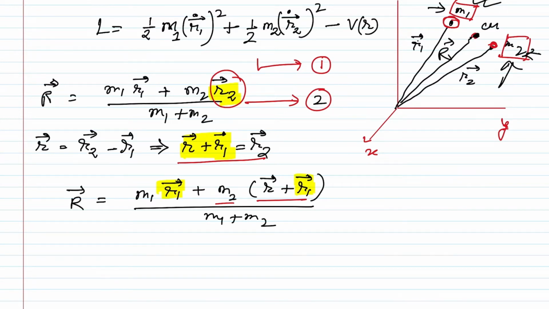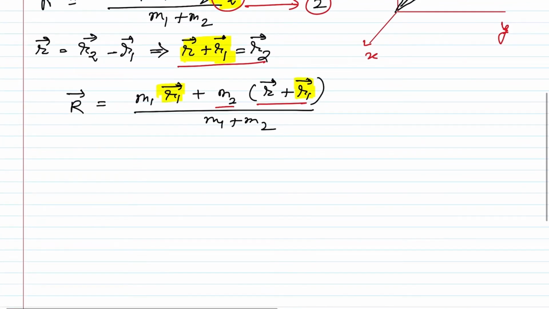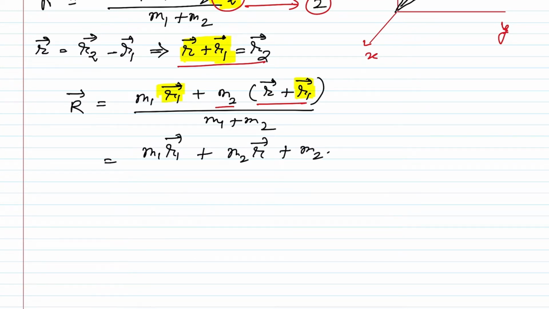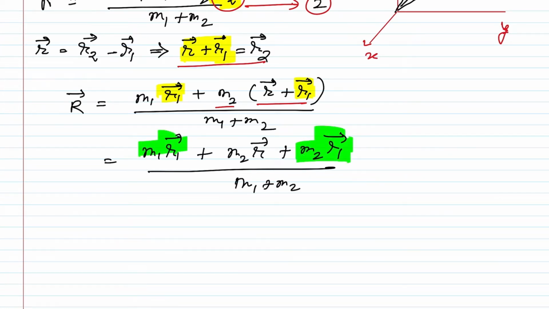So let me show you one thing first. It will be m1 r1 vector plus m2 r vector plus m2 r1 vector divided by m1 plus m2. Now from these two you can take r1 common.